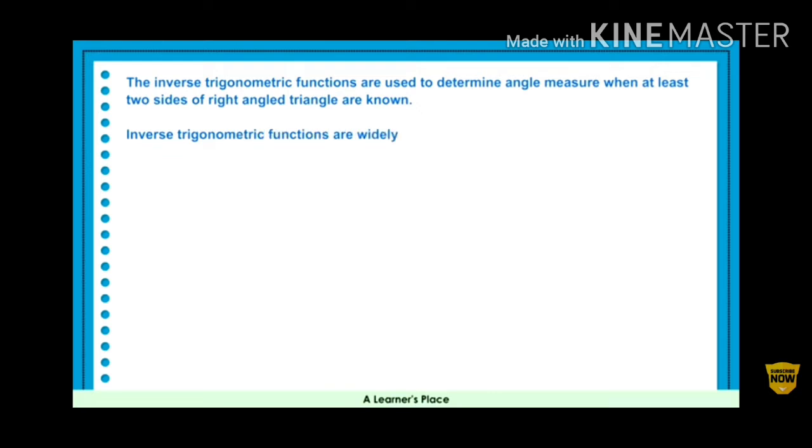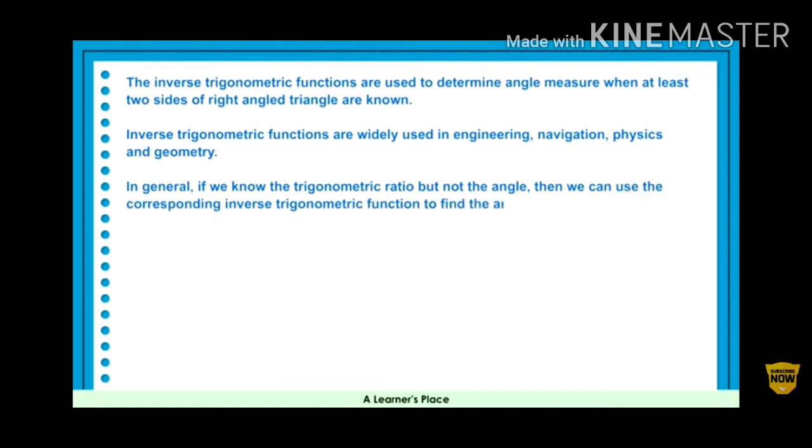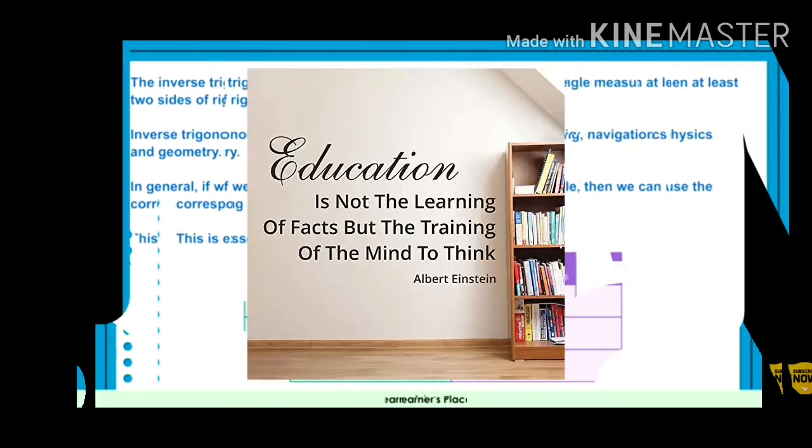Inverse trigonometric functions are widely used in engineering, navigation, physics, and geometry. In general, if we know the trigonometric ratio but not the angle, then we can use the corresponding inverse trigonometric function to find the angle. This is expressed mathematically as follows.